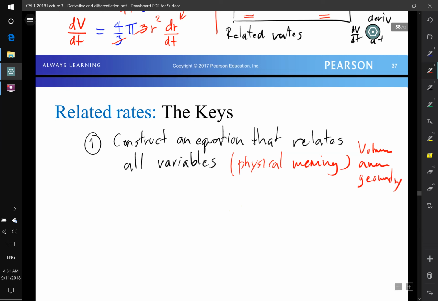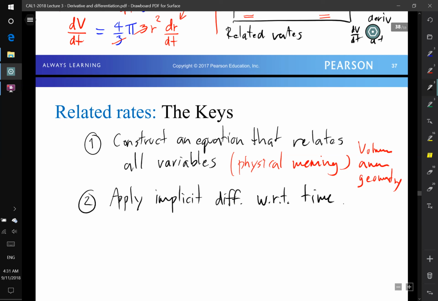Once you have this equation set up, what you need to do is apply implicit differentiation. Of course, this has to be with respect to time. After we apply implicit differentiation, we are going to get the rates.